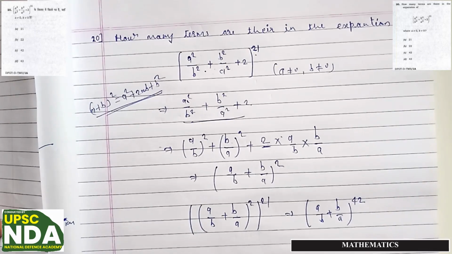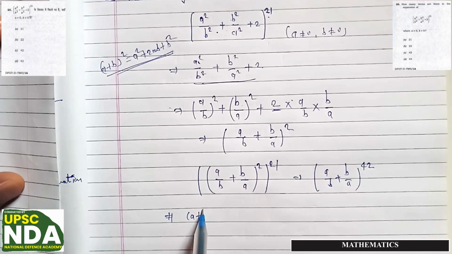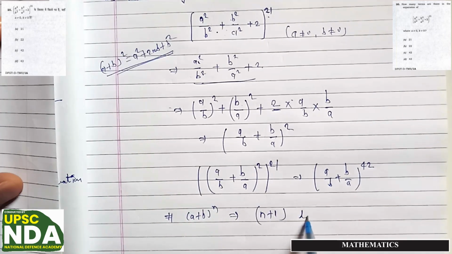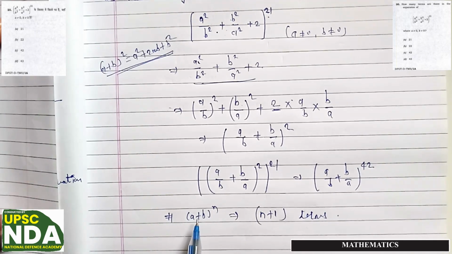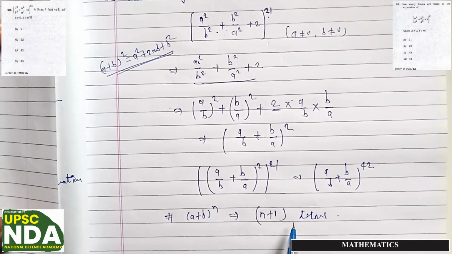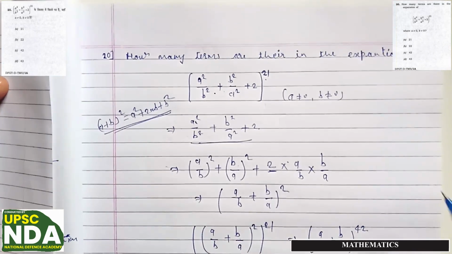So what is the number of terms in (a plus b) raised to n? It is n plus 1 terms. How many terms are in (a plus b) raised to n? n plus 1 terms are there. This is the result from binomial expansion.